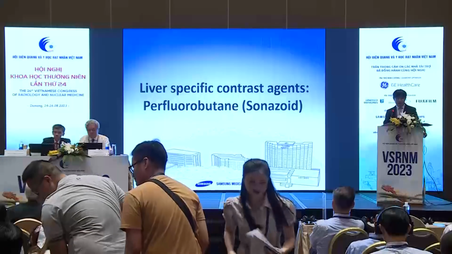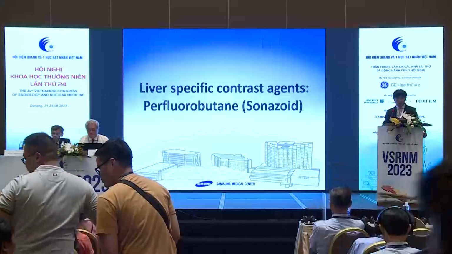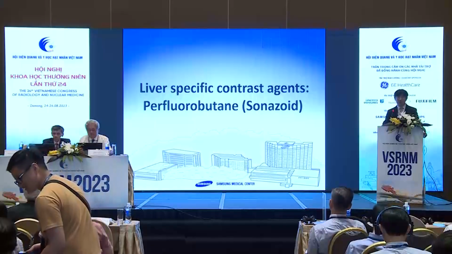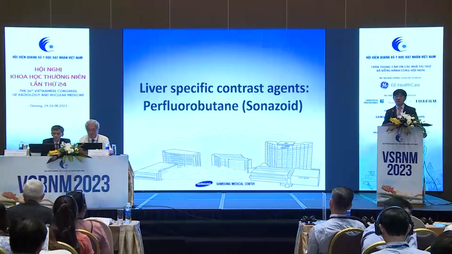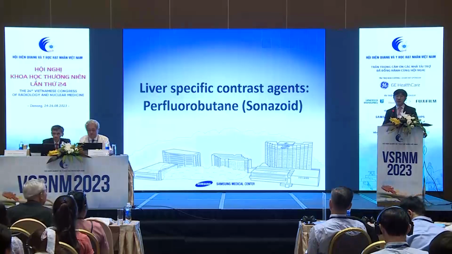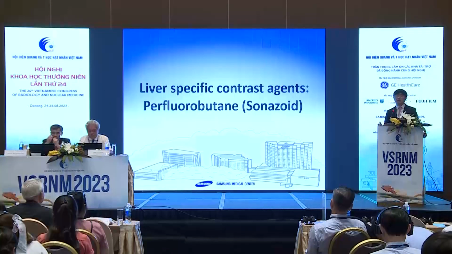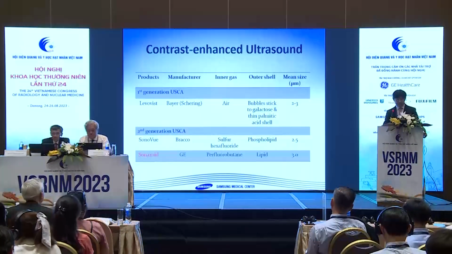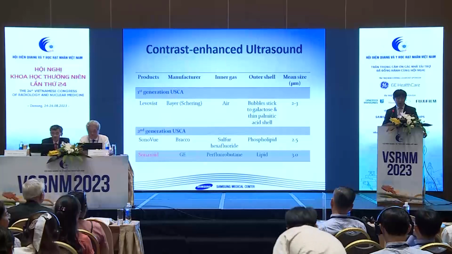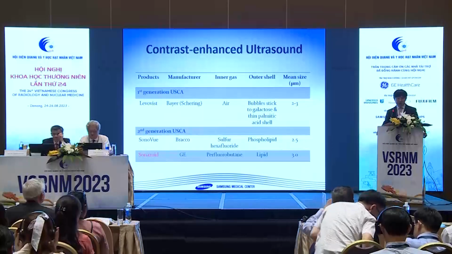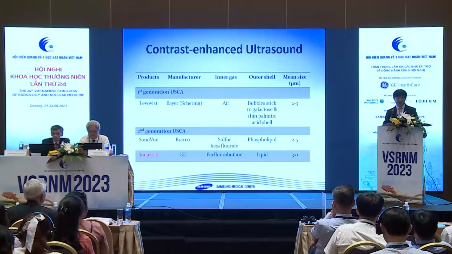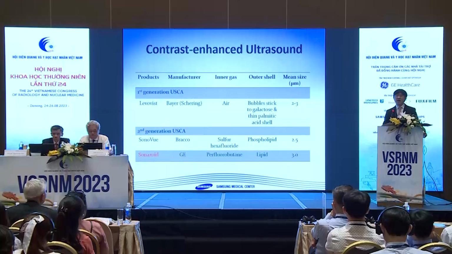Next, I'd like to introduce another type of liver contrast agent for ultrasound, Sonazoid. In our country, we have used Sonazoid for about 10 years. This is the introduction of contrast-enhanced ultrasound. The first generation ultrasound contrast agent is Levovist, a very old agent.